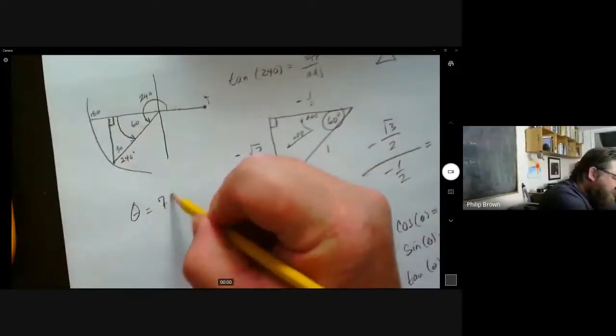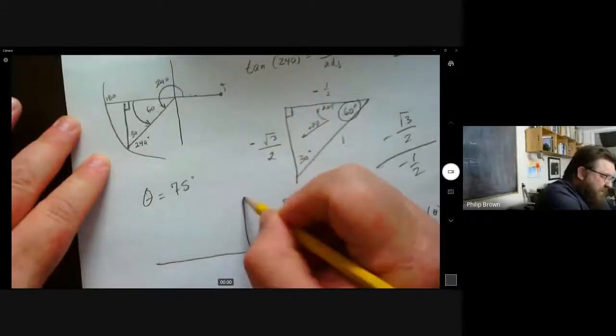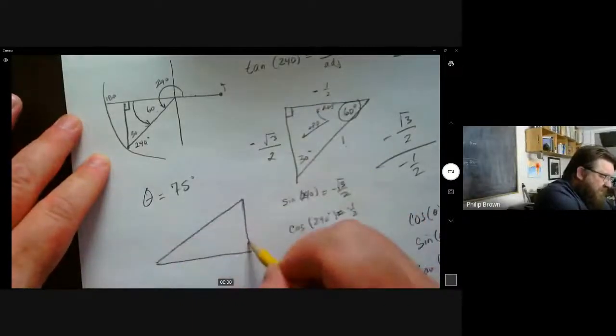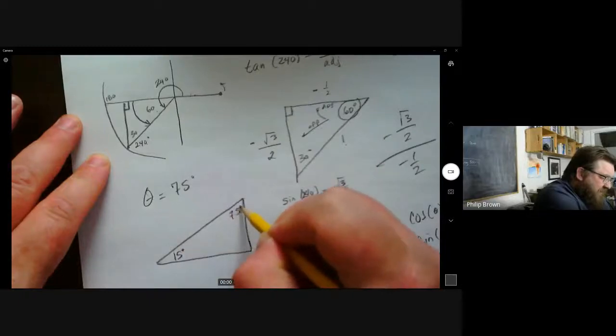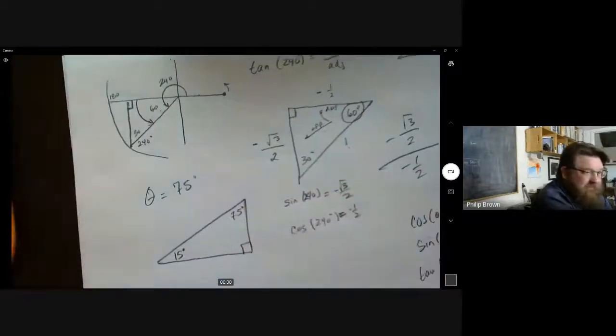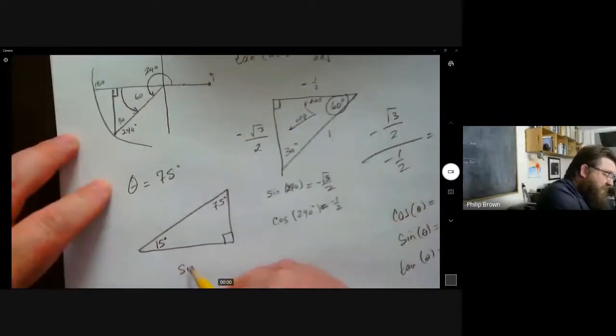So that means this would be our triangle, right? So if that's 75, this is 15. And that's 75 because that makes 90, right? I don't know how big that triangle is, but so the sine of 75 degrees, I don't know.